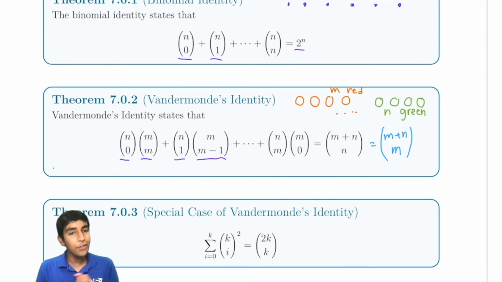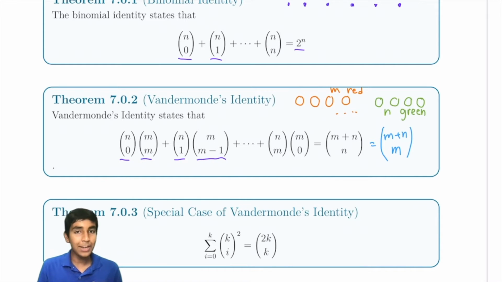Now, is there a different way we can count this? We can have 0 green objects and n red objects. There's m choose 0 ways of choosing 0 green objects and n choose n ways of choosing n red objects. Now, what if we have 1 green object and n minus 1 red objects?